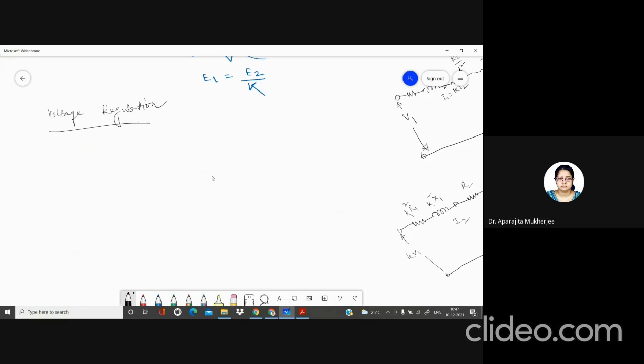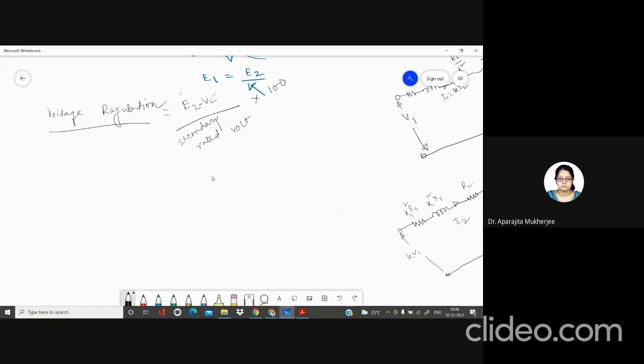So voltage regulation is equal to E2 minus V2 upon secondary rated voltage into 100, where V2 is our secondary terminal voltage and E2 is our secondary voltage at no load.